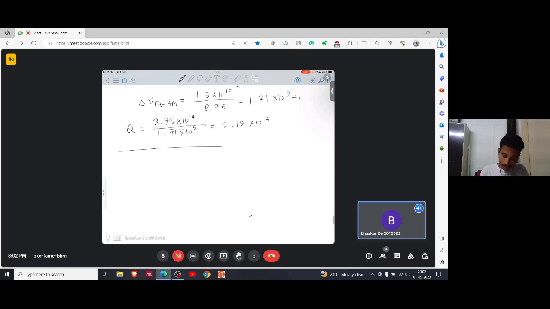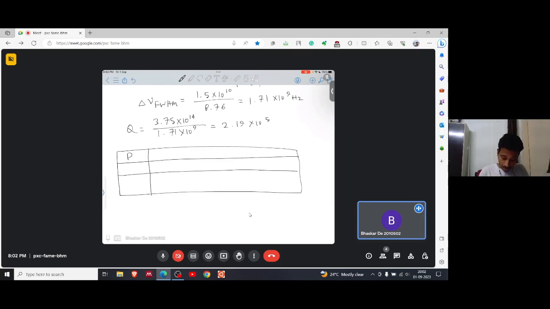So now I can write down a table. So first R, then F, then Q. So R is 99%, this one is 95%, then it is 70%.